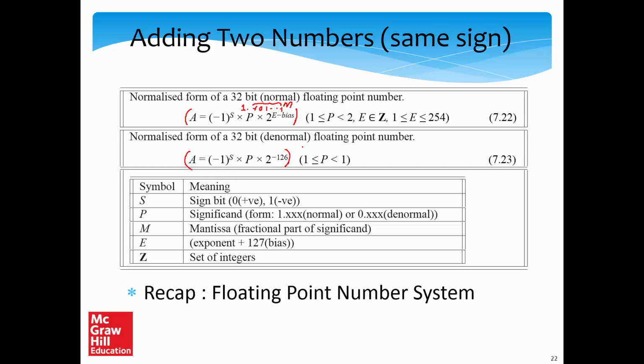There's a small error in this slide: instead of 1, it should be 0, so 0 is less than or equal to p, and p is less than 1. As we can see, just where the range of normal numbers ends, let's say these are all the normal numbers, and of course the graph is not drawn to scale, and let's say this number is 0, we have a tiny buffer of numbers here called denormal numbers.